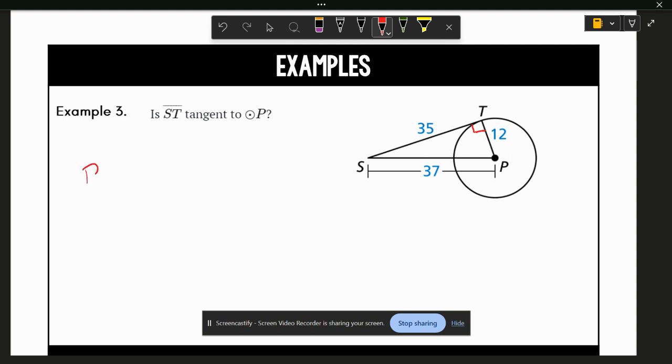Remember, a squared plus b squared equals c squared. Is 12 squared plus 35 squared truly equal to 37 squared? If that's a yes, then it is tangent. If it's a no, then it is not, because we would not have a 90-degree angle.